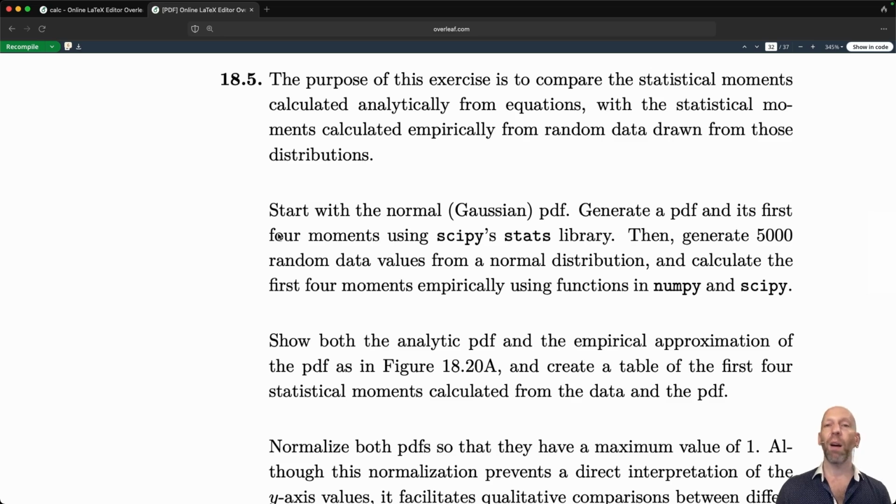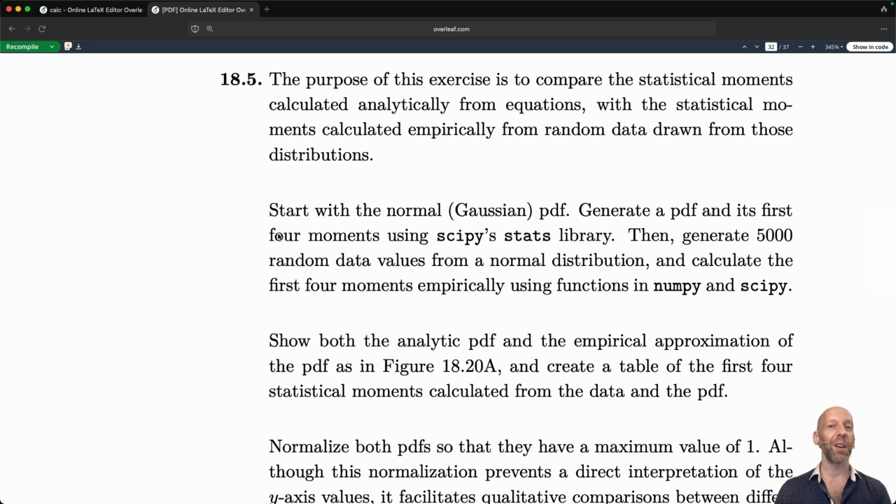All you need are math equations. However, not all data come from clearly defined mathematical distributions. So instead, when working with real data, you calculate the statistical moments empirically based on the measured data. And that is the second method of calculating moments that we are going to use in this exercise.